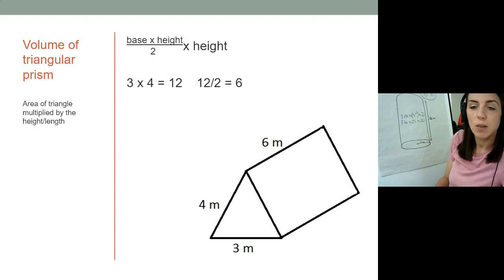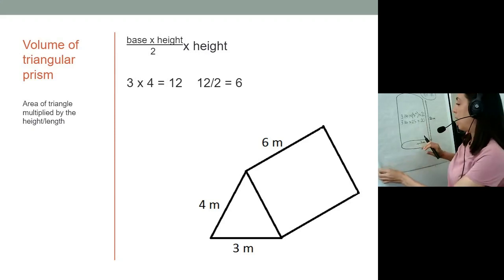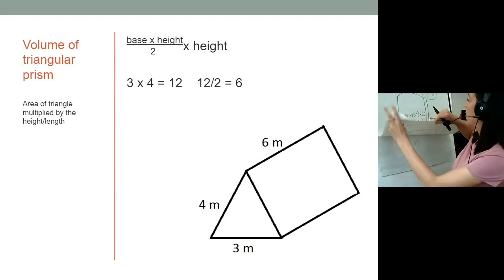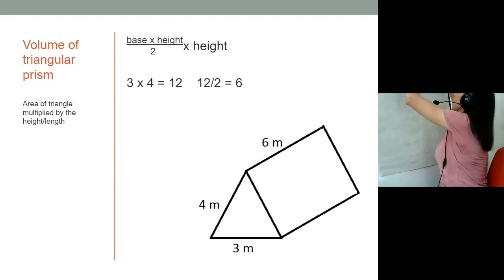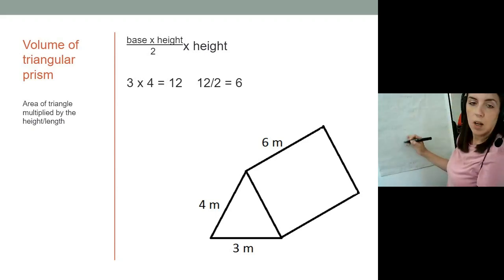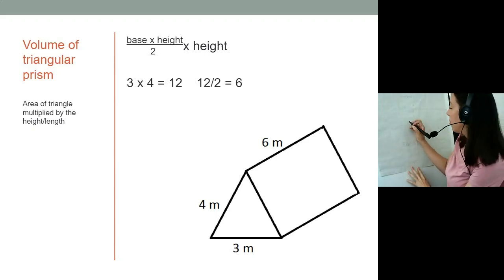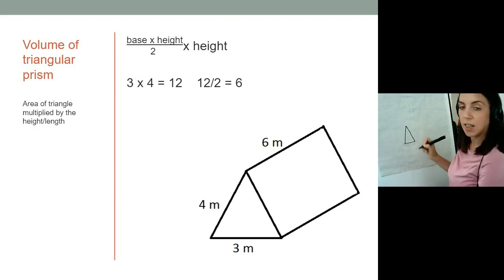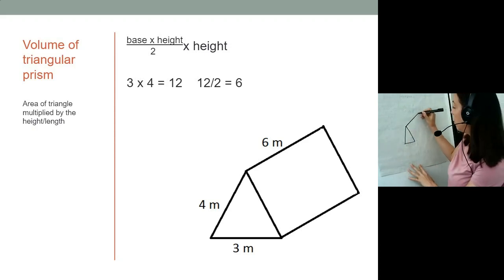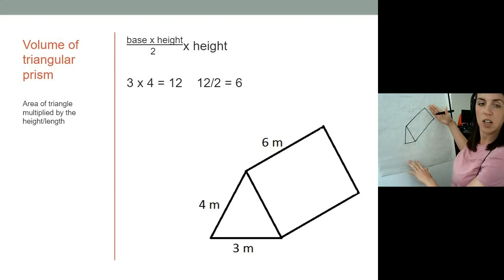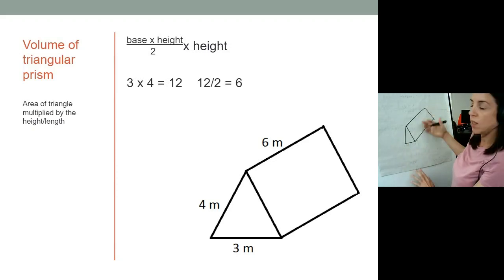So again, we look at that base shape. When you're looking at a triangular prism, we have a triangle, which we know how to calculate the area of. And then multiplying that triangle by how much we stretch that shape out to become 3D.